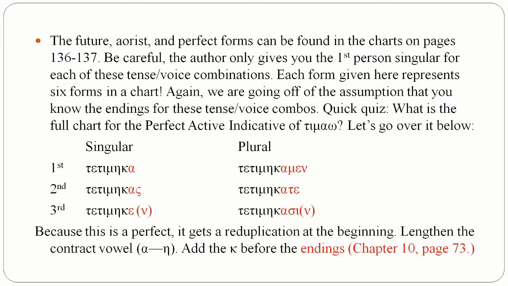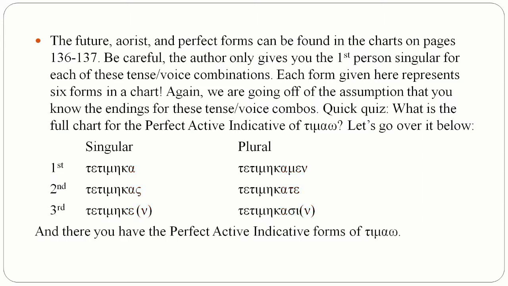Instead, we lengthened the alpha in the contract vowel, then added the kappa, so there is no contraction happening here. Contraction only happens in the present and imperfect tenses. All right, so how did you do? There's the completed form chart, the perfect active indicative of timao.